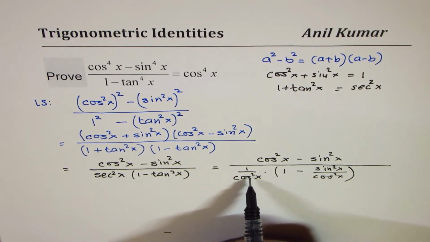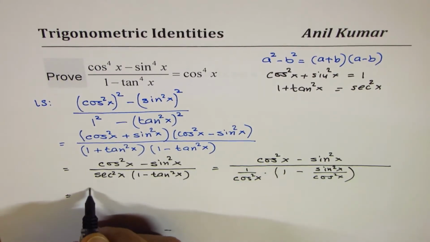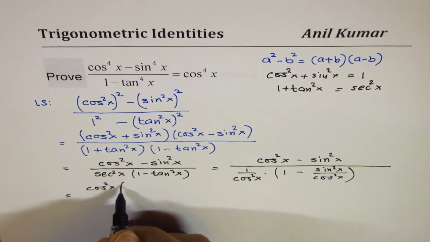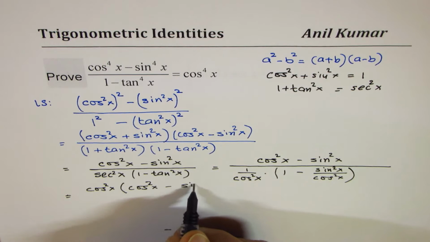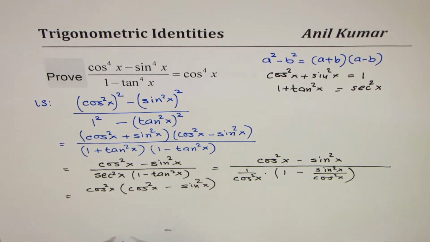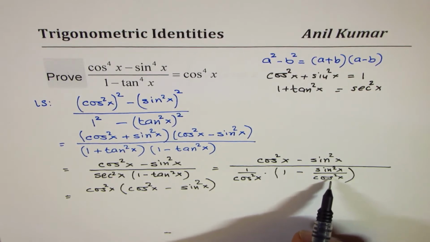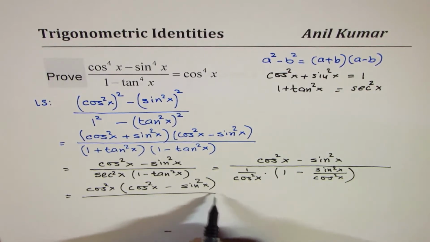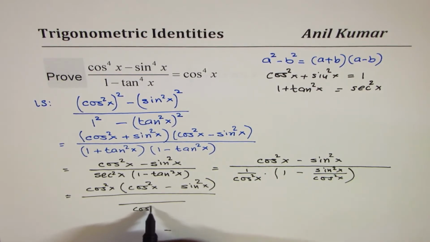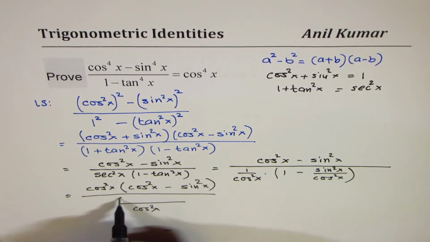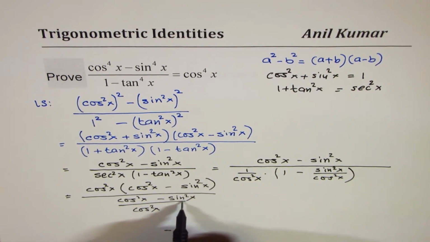Now we can take cos square x in the numerator, rewriting this as cos square x times cos square x minus sine square x, correct? As far as this part is concerned, we can take common denominator of cos square x. So here we get common denominator of cos square x, and then we cross multiply. We write this as cos square x minus sine square x. Correct?